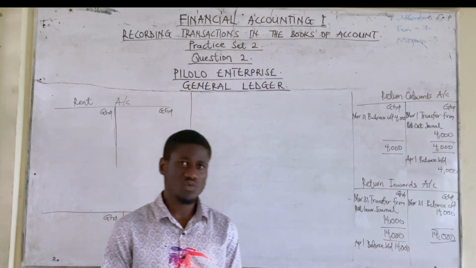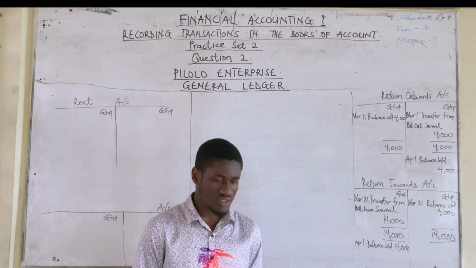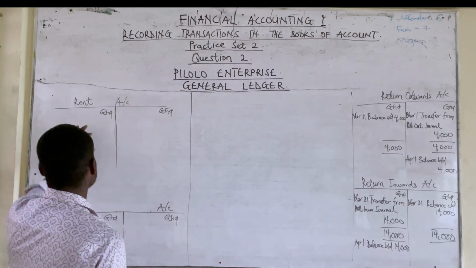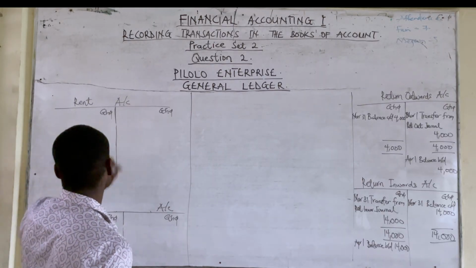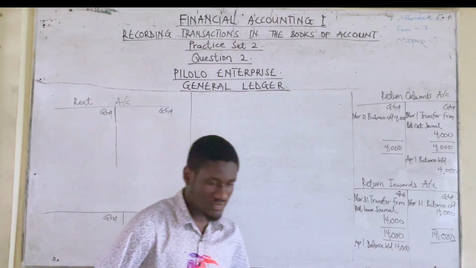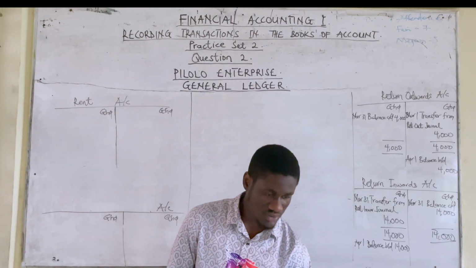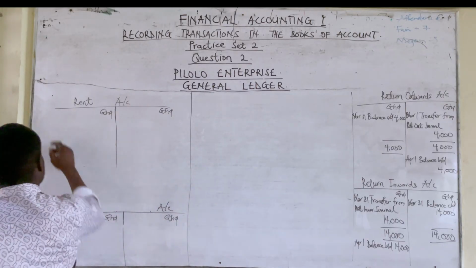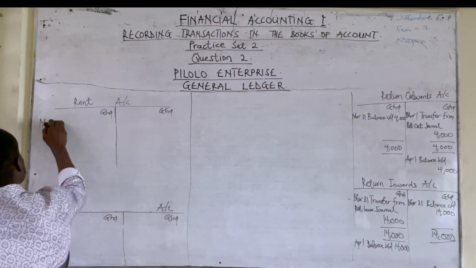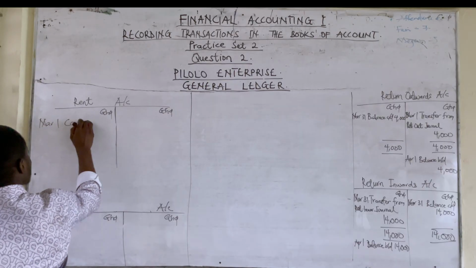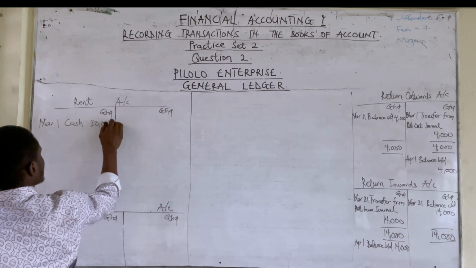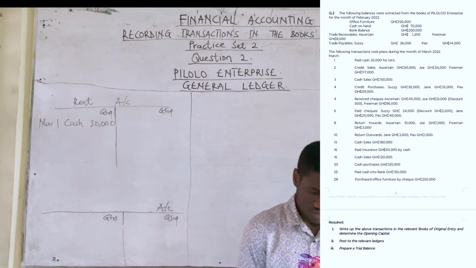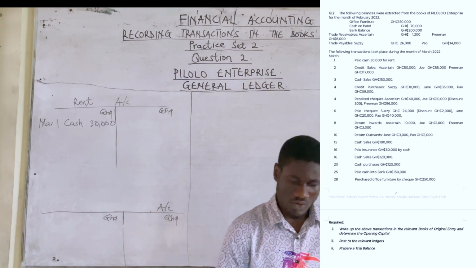Good. And we know that as expenses are increasing, we have to debit. Then we paid for rent. The amount we paid for rent is what? 30,000, because that was the amount involved, in the name of cash. Good. Let's see if there was any other rent here. There was no rent in the question again.